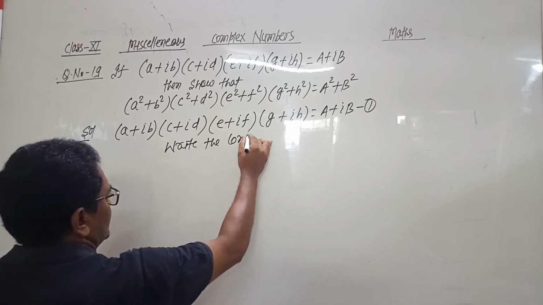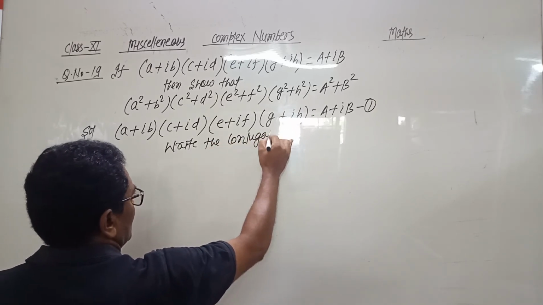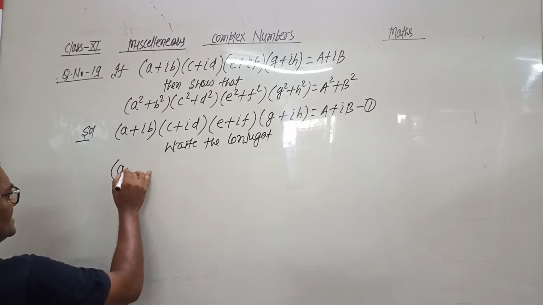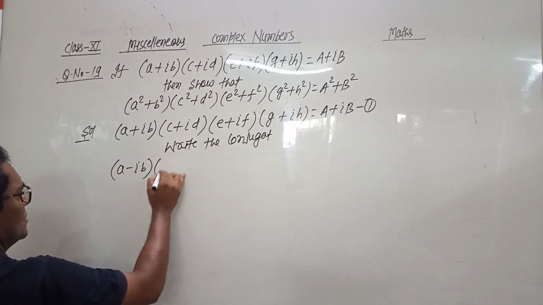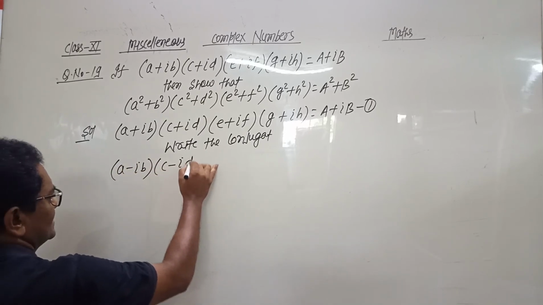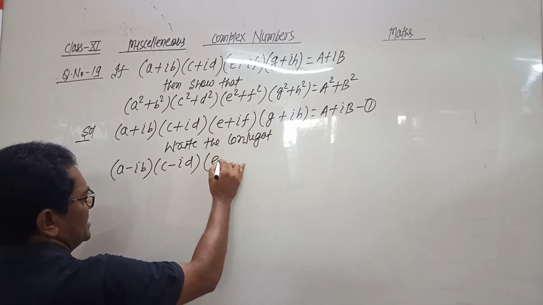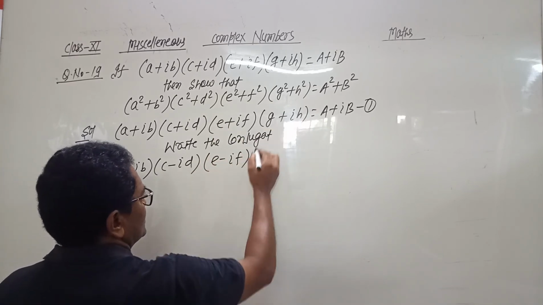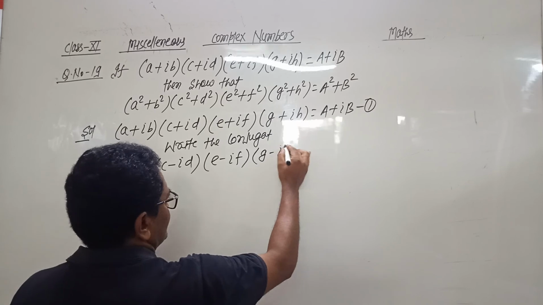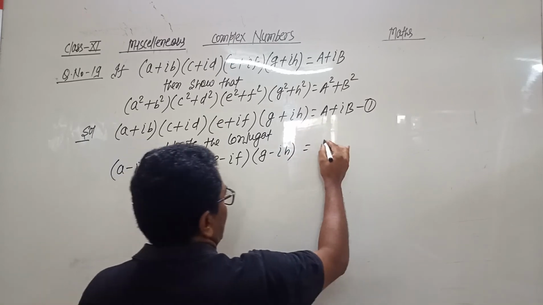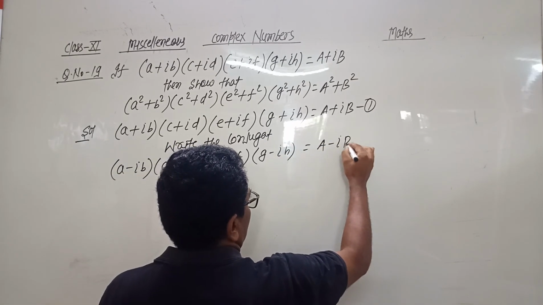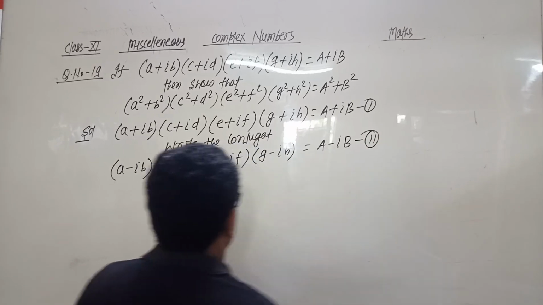The conjugate of a plus iota b is a minus iota b, then c minus iota d, e minus iota f, and g minus iota h, and the conjugate of A plus iota B is A minus iota B.